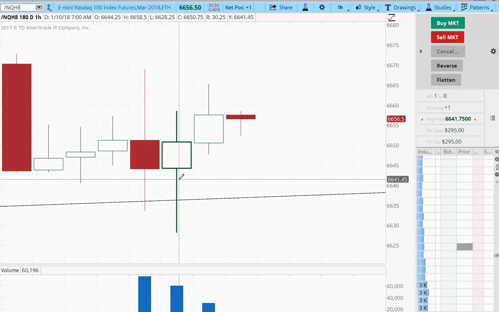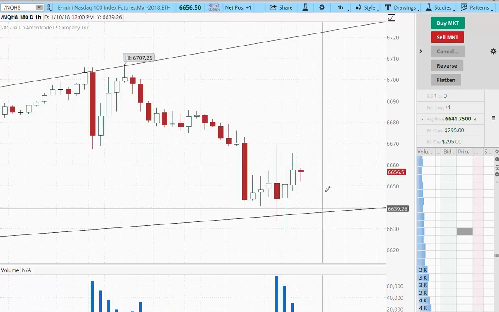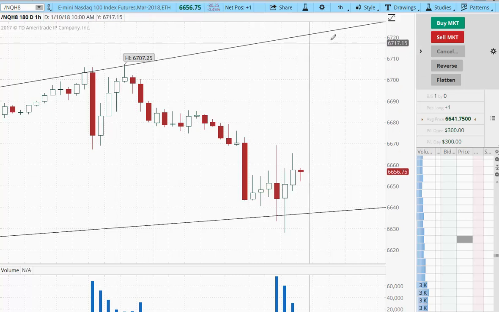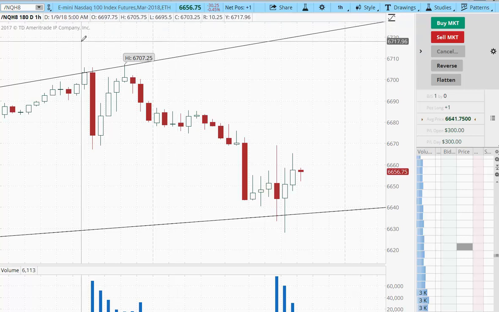There we go. So it looks like we got in about here. Remember that, we're sitting on this position, and the concept is that more than likely prices will make new highs and even try for this line here, probably going past it.